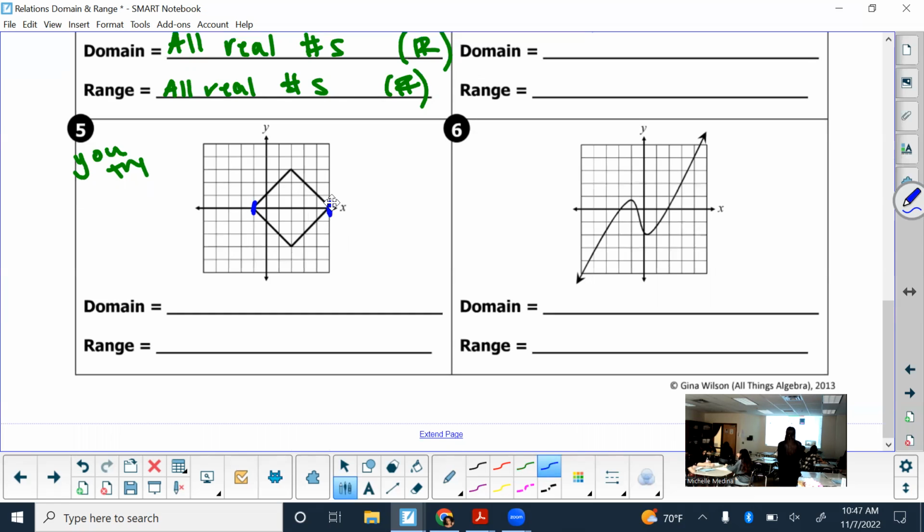Good, so everyone see that? That means that when I'm listing out what my domain is, I look at where it stops on the x, which is at -1 and at +5. So I'm gonna have 2 inequality symbols. What letter do I use for domain? So we'll put an x in the middle.